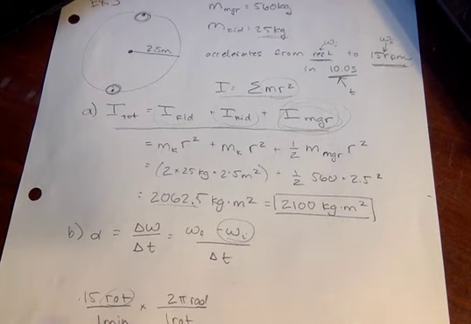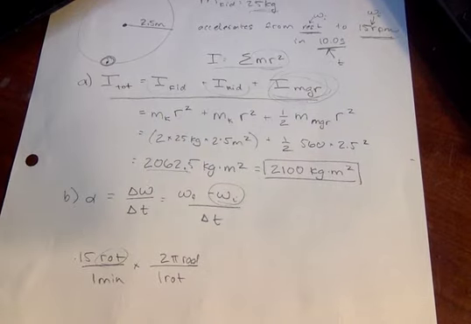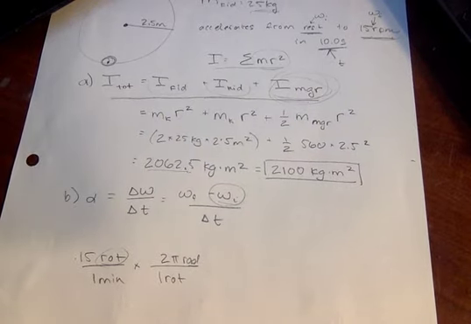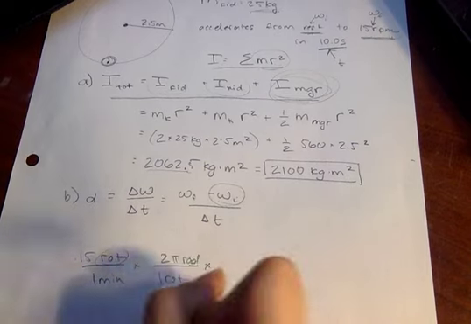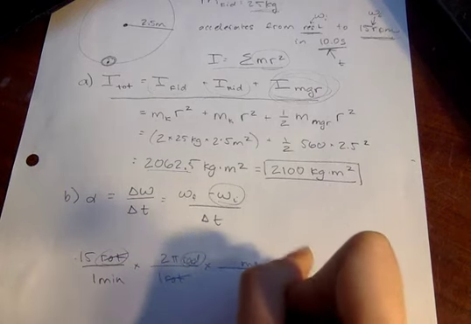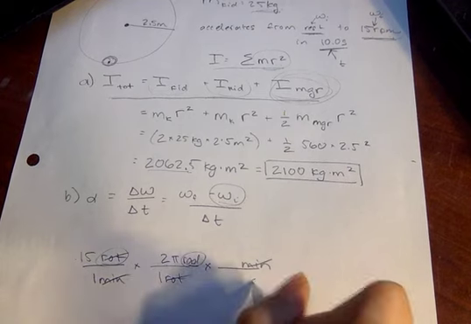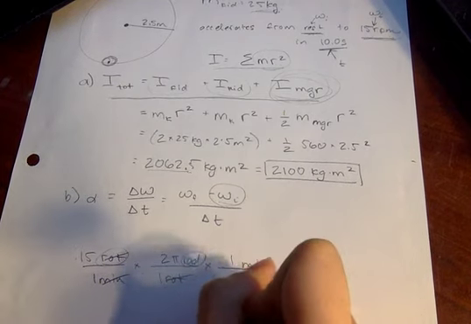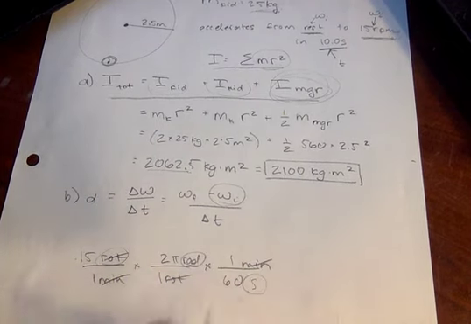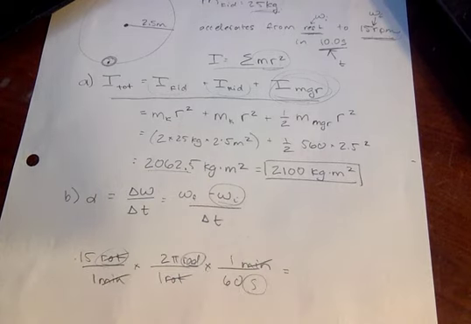That conversion factor is on your equation sheet, though it's maybe one of those things that's hard to not memorize by the end of the semester. So I've got rid of my rotation unit, and I have my radian, which I wanted. Now I need to get rid of minutes, so I'm going to put minutes in the top so that my minutes will cancel, seconds in the bottom. 1 minute has 60 seconds, and now I'm left with radians per second, and I just need to plug this into my calculator. 15 times 2 pi divided by 60.